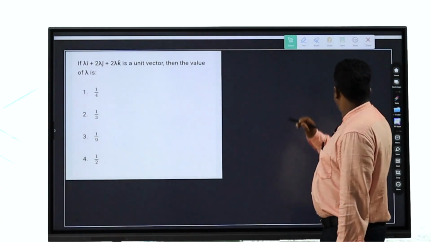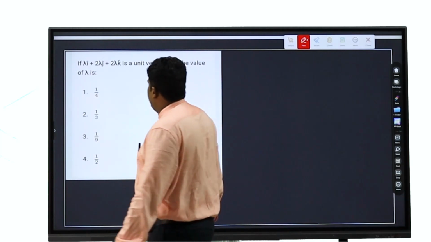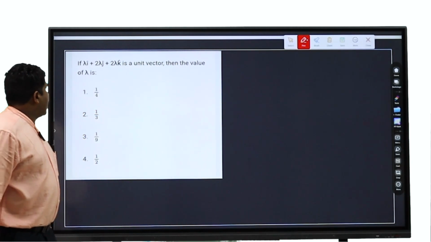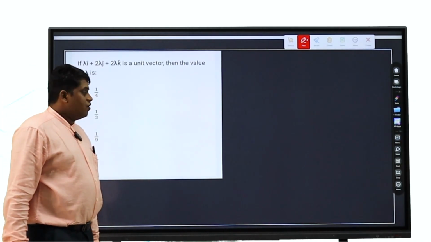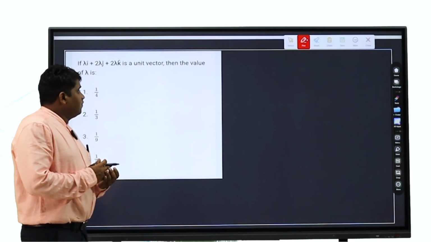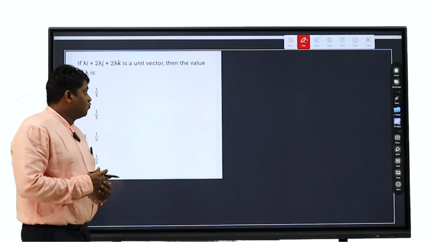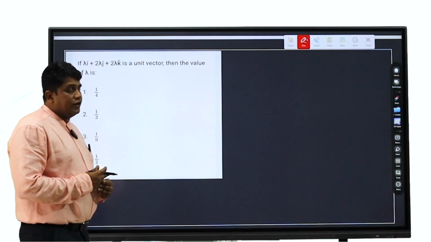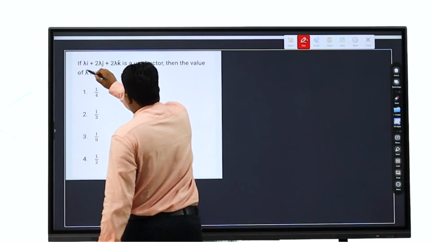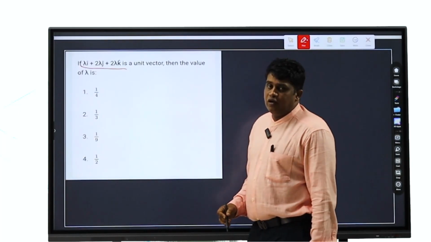Here a question. Lambda I plus 2 lambda J plus 2 lambda K is a unit vector. Then the value of lambda is... we know that if the magnitude of a vector is 1, then it is a unit vector. Here this vector is a unit vector, and we have to find the value of lambda.